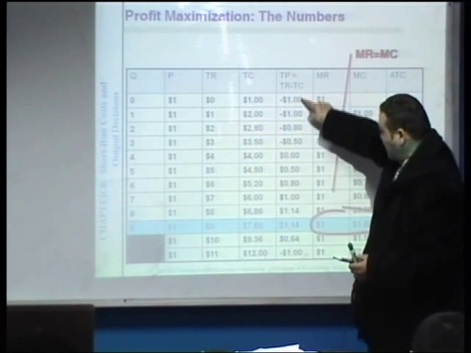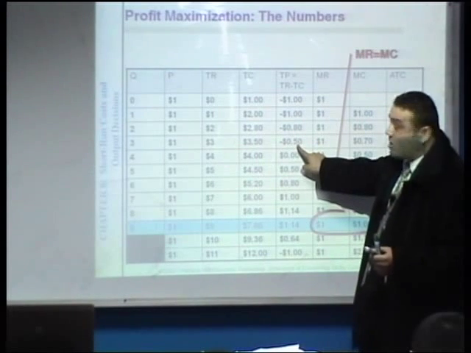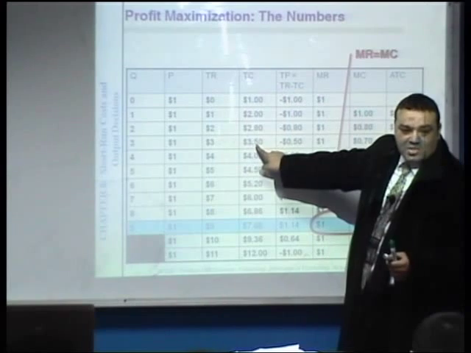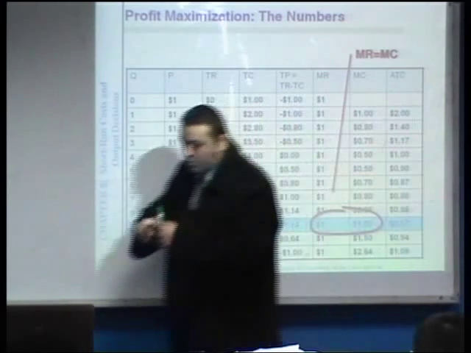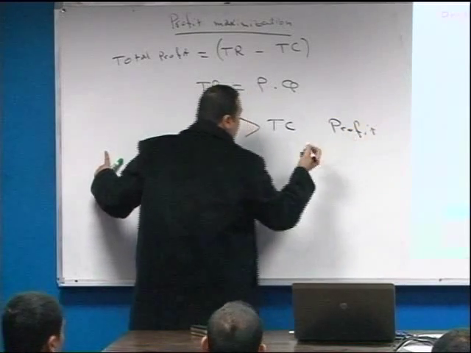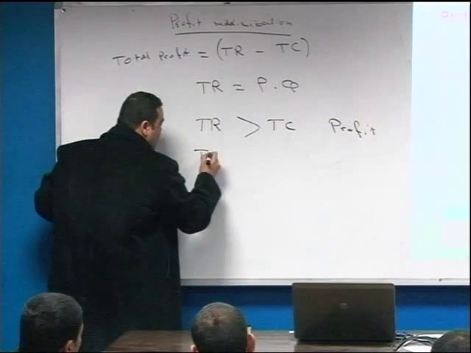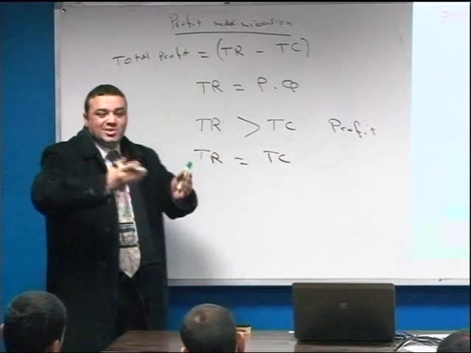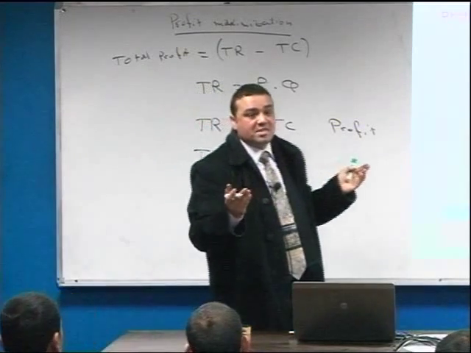So here we have what? Loss, because the total revenue is smaller than the total cost. If total revenue is larger than the total cost, there is a profit, right? And if the total revenue equals total cost, there is no loss, no profits, or the economic profit equals 0.